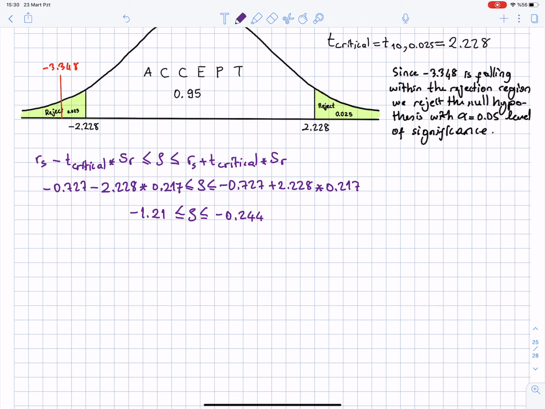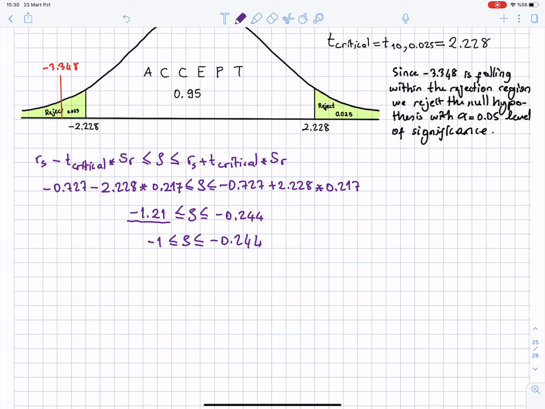Notice that the lower bound is minus 1.21, which in practice is not observable. The minimum value of the correlation coefficient is minus 1. So I'm going to modify this. It can't be minus 1.21, so I'm going to modify it as minus 1 less than or equal to rho less than or equal to minus 0.244.